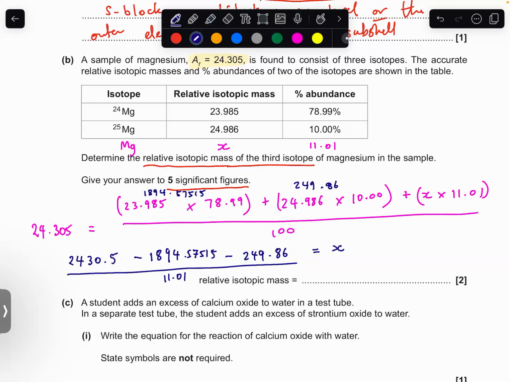Okay, 5 significant figures. I got the wrong answer. Let me check the values.